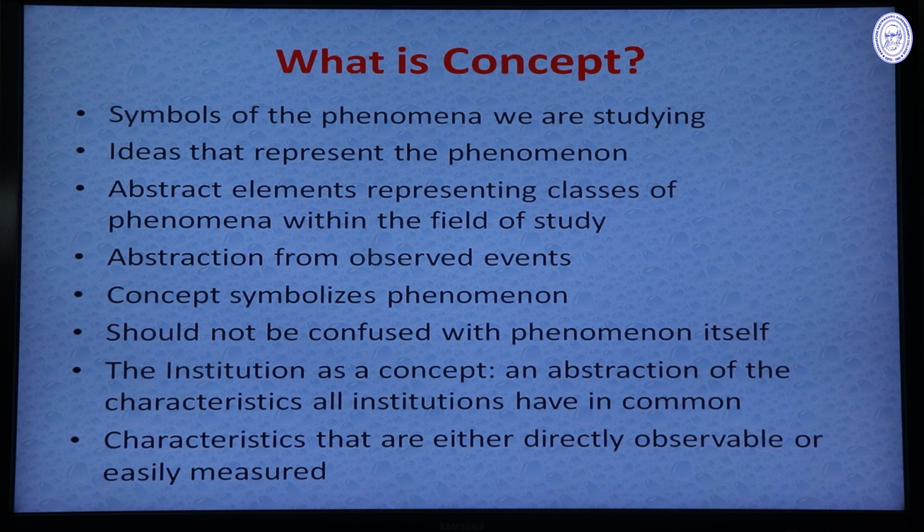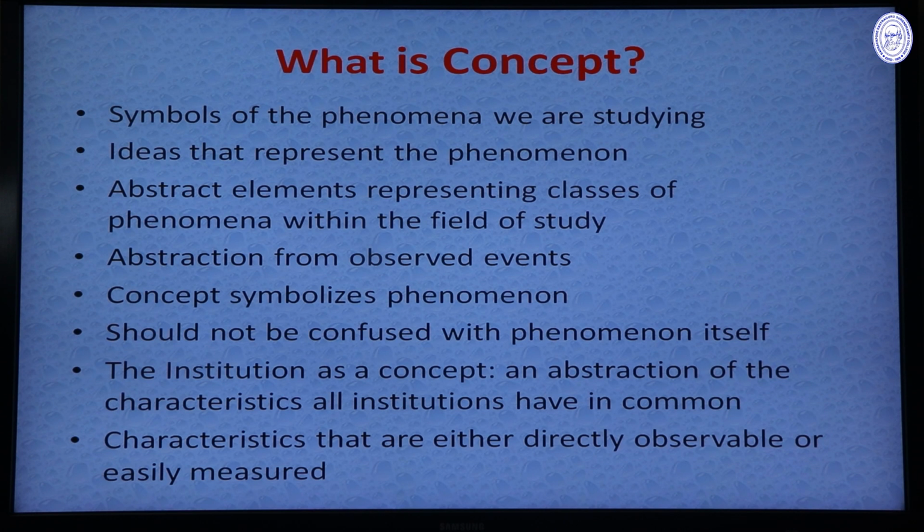For example, the institutions. In sociology we study several institutions. So all these institutions or any particular institution may be a concept, because it is an abstraction of the characteristics which all the institutions have in common.